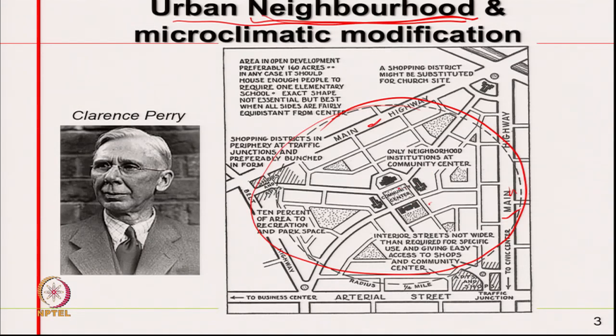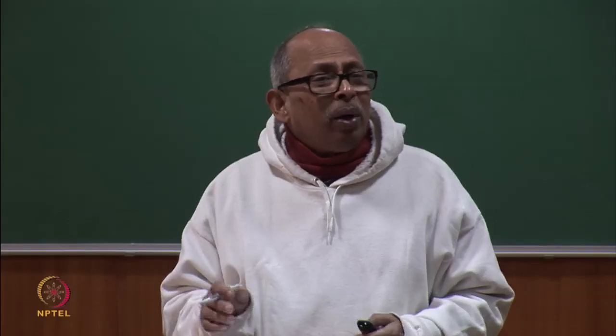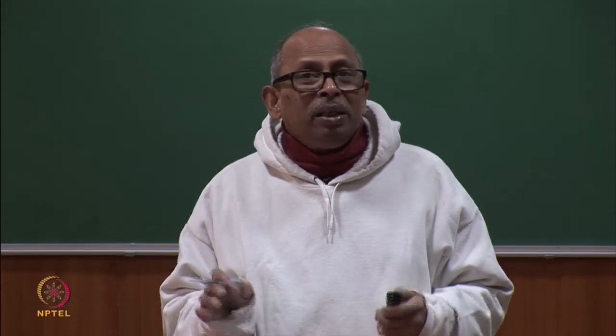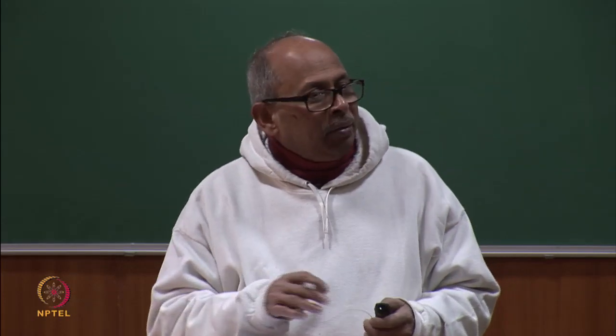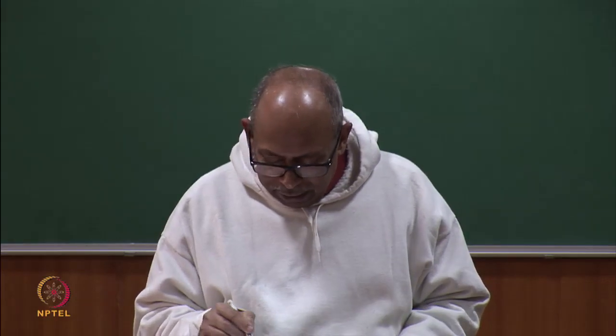And a community center, maybe a church as shown here, or a temple or a mosque, whatever it is depending upon the community, would be at the center. And the market, a local market, not a big market. This was the concept, but it keeps on changing. Maybe with modern malls things could be different, maybe 3, 4 or many neighborhoods would share such a mall, but irrespective of that, this is the concept.